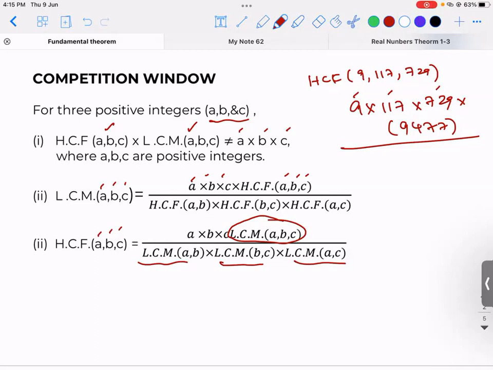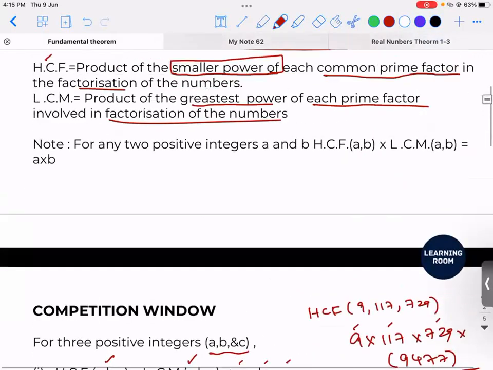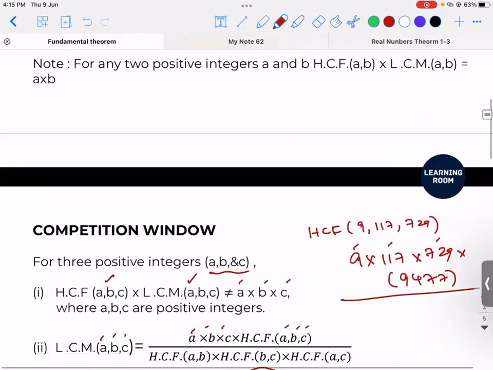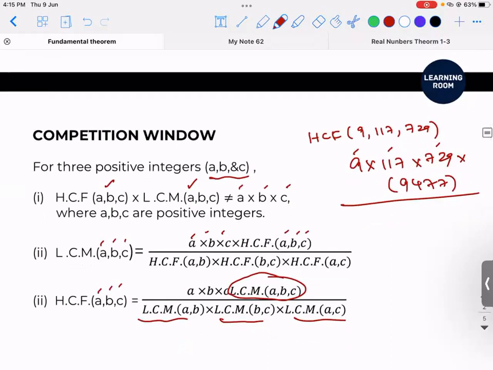For who? For which two? For AB, 9 and 117. Because it is divisible. No? 117.